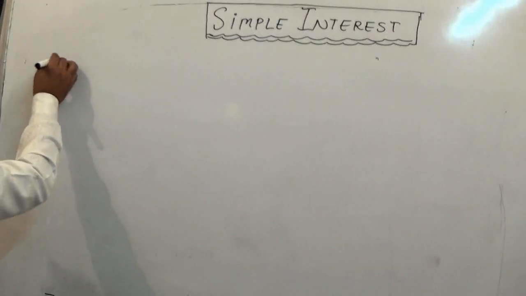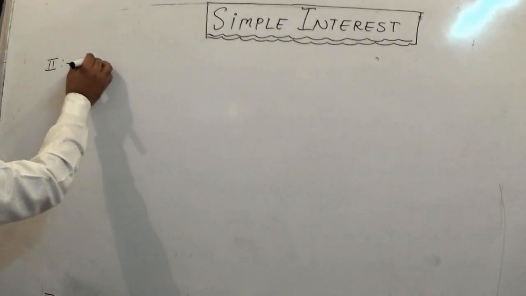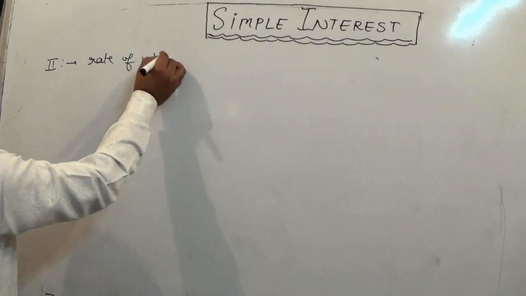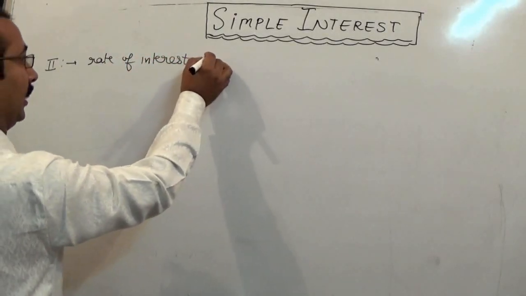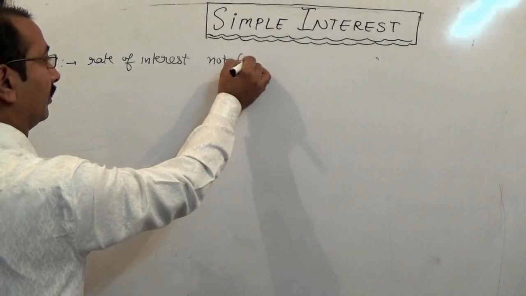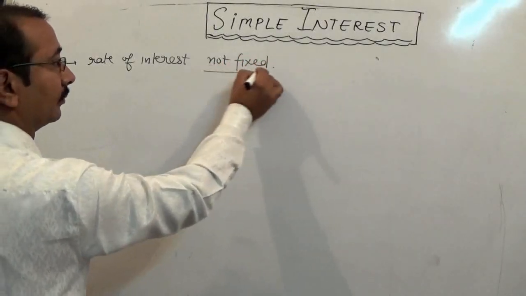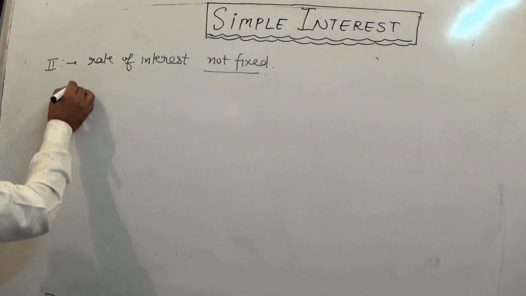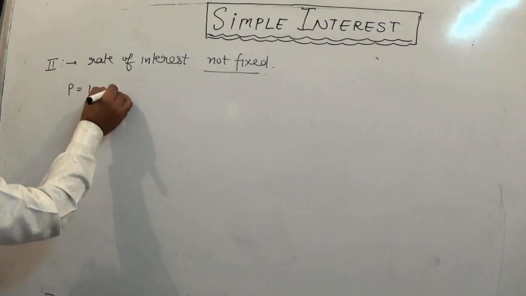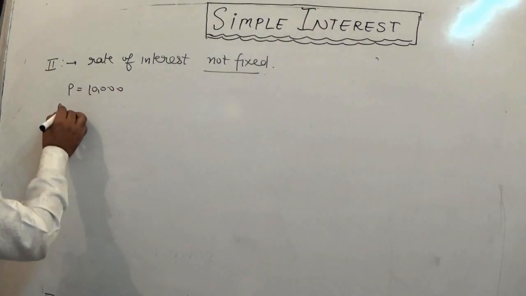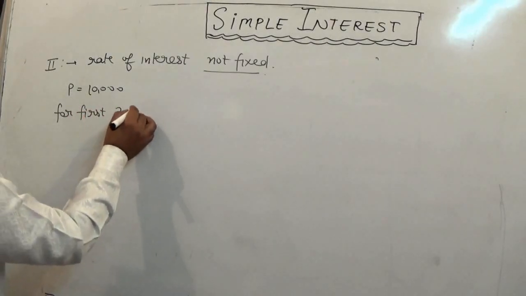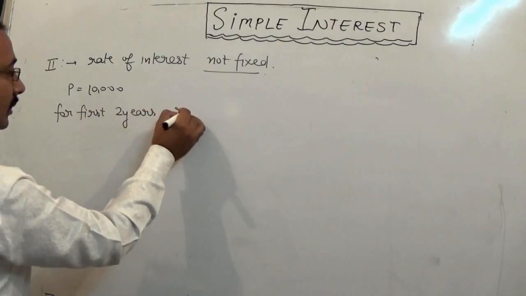Then we have the second type of problem in which the rate of interest is not fixed. The rate of interest is not fixed for every year, it goes on changing. For example, it is given that principal is rupees 10,000. For the first 2 years, rate of interest is 10%.